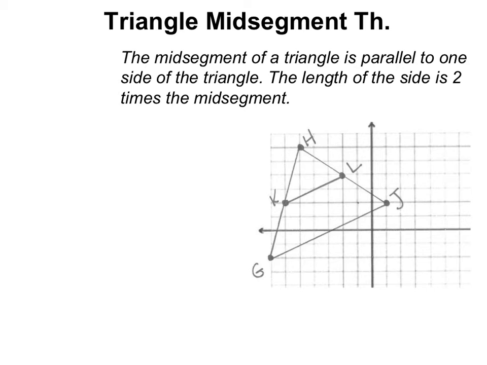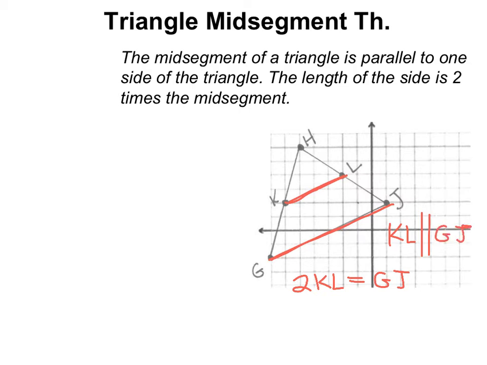In your warm-up, you were asked to find the length of KL and the length of GJ. We noticed that if we took KL and multiplied it by 2, we would get the length GJ. We also saw in our warm-up, by calculating the slope, that KL was parallel to GJ.